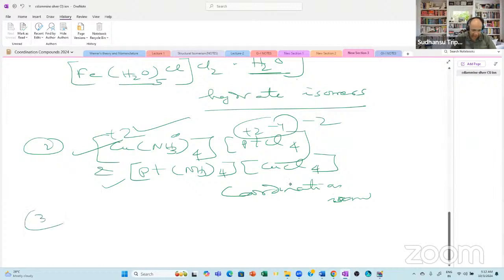Acha, can you tell me how these two are related? This is cobalt.